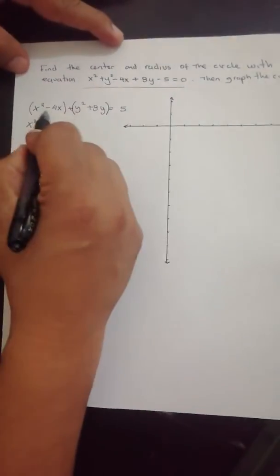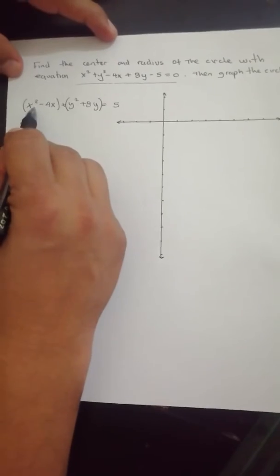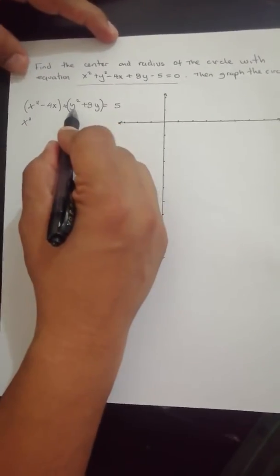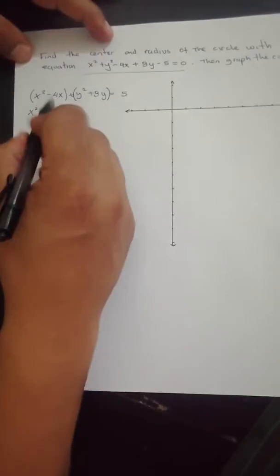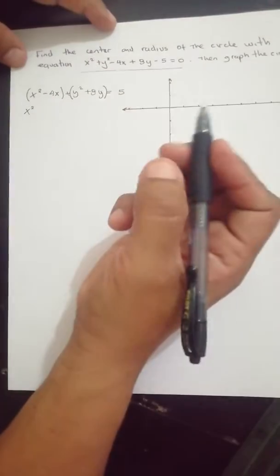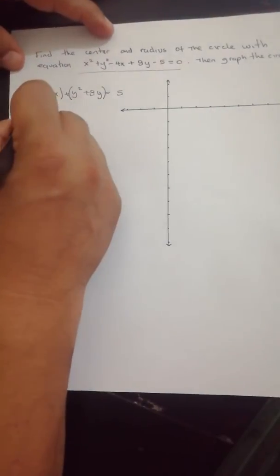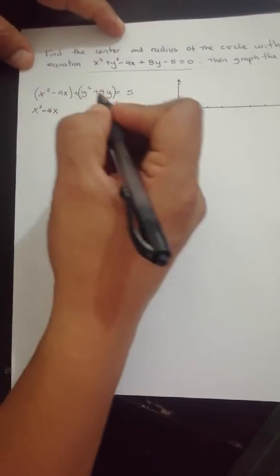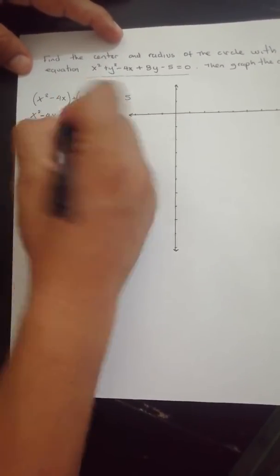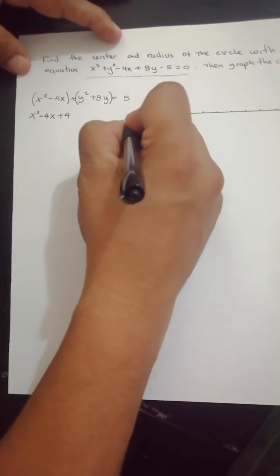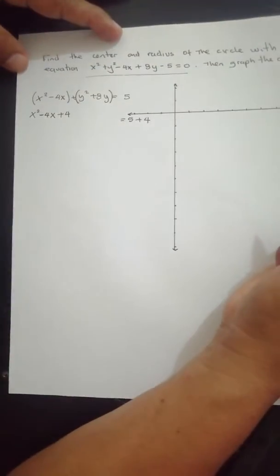I was telling you that we need to complete the square for both x squared minus 4x and also y squared plus 8y. So to do that, we find the half of 4, that is 2, and raised to the second power is 4. So this becomes x squared minus 4x plus 4, and I have to add that 4 on the other side of the equal sign.